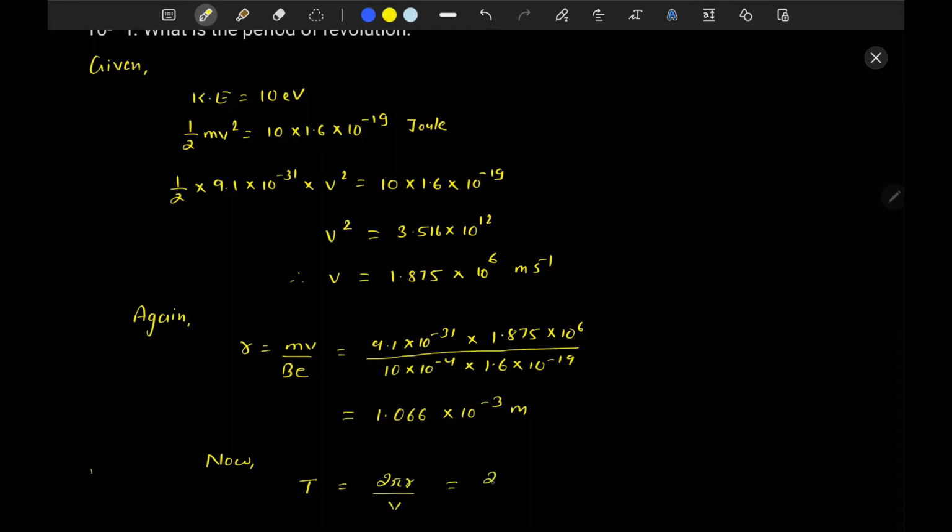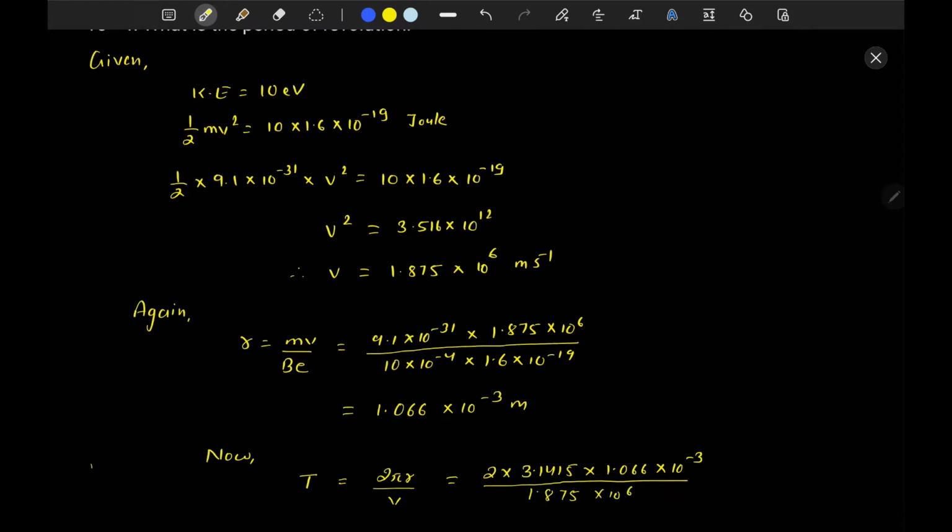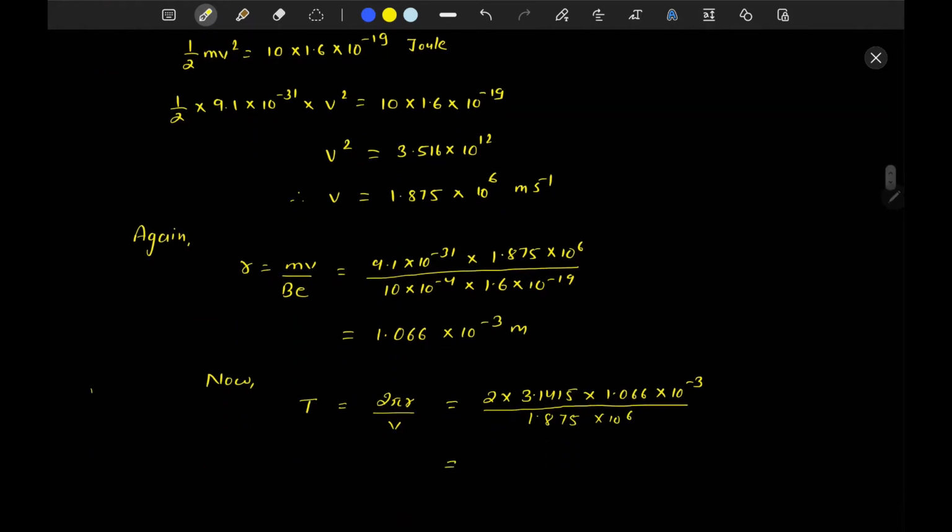This is 2 into 3.1415 into 1.066 into 10 power minus 3, by 1.875 into 10 power 6. This gives the value 3.573 into 10 power minus 9 second, which is the required answer.